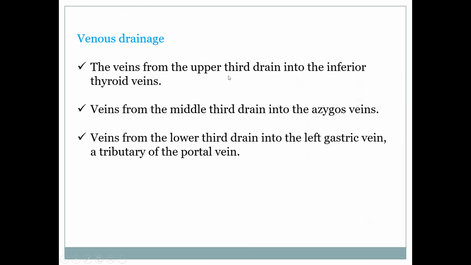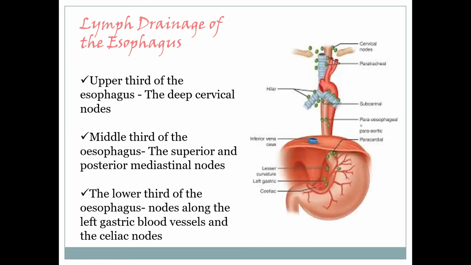Venous drainage also differs in upper, middle and lower parts. So, blood from the upper 1/3 drains into the inferior thyroid veins. From the middle 1/3 it drains into azygos veins, and the lower 1/3 drains into the left gastric veins, and then via the left gastric vein into the portal vein.